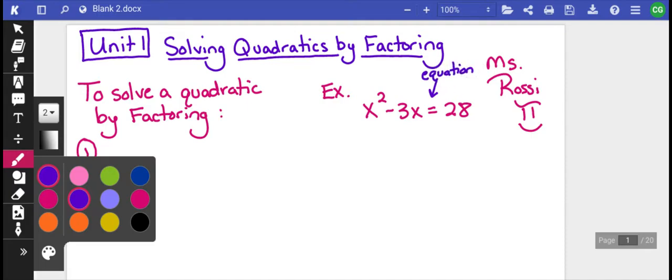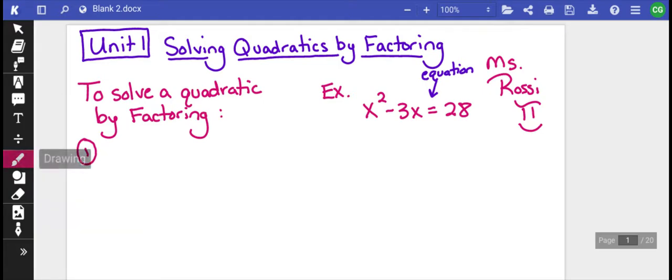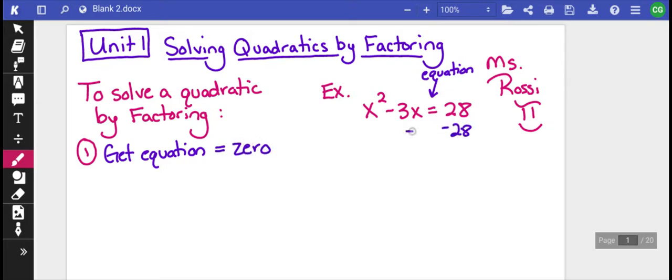We've just simplified things before. This time we're actually looking for an answer. So the first thing we need to do is get the equation equal to 0. In this case, I'm going to subtract 28 from both sides.